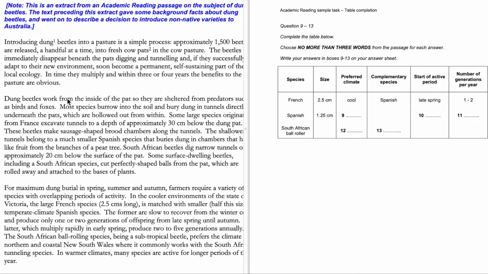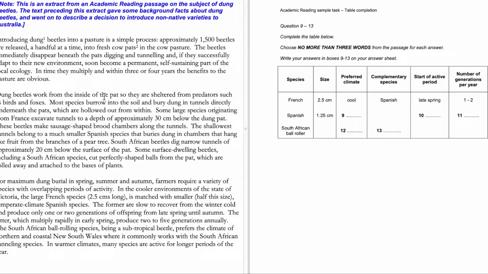So here in the text we can see everything which was related to this species. Here they were saying about Spanish species. I'm gonna highlight it just to know where exactly they start to mention them. Here they were saying about France, excavate tunnels. So they start to describe everything here.